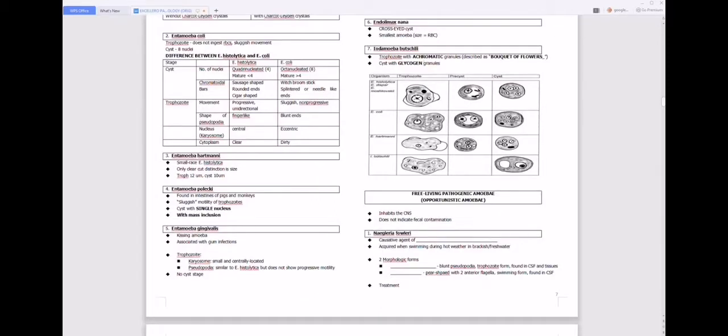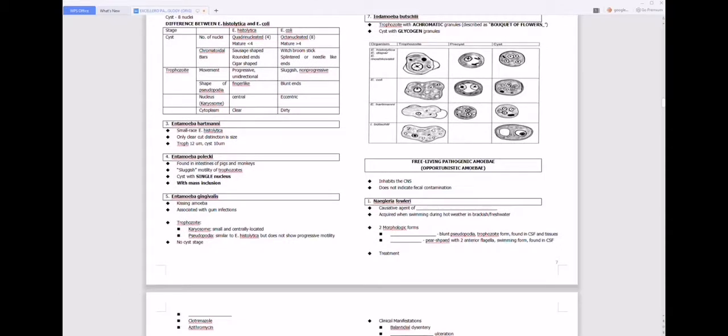So let us now go into the free-living pathogenic amoebae or opportunistic amoebae. Okay, so the free-living pathogenic amoebae inhabits the central nervous system.